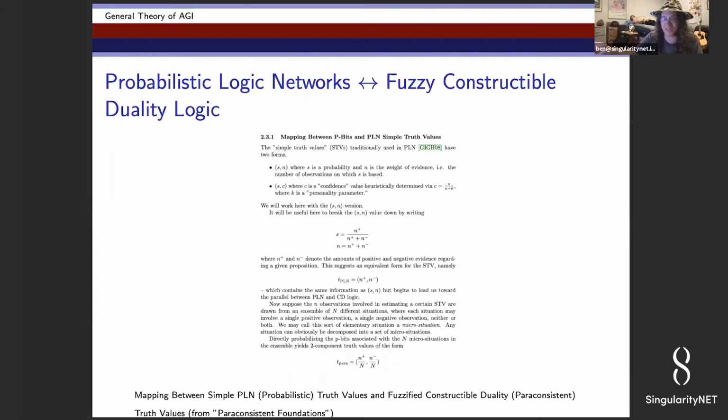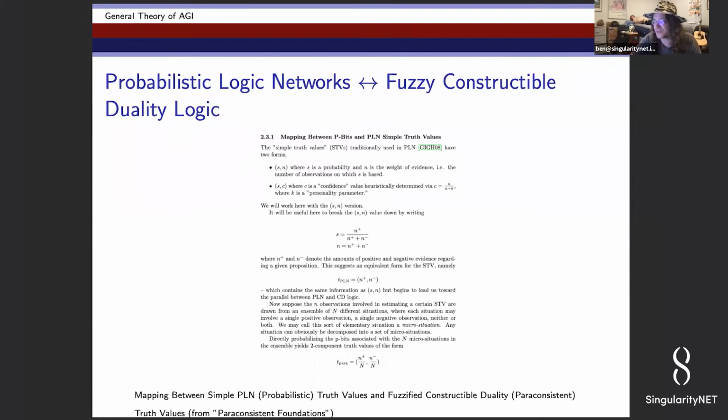These are called n plus and n minus in the slide here. And you normalize them by the number of total observations. So the strength, which is like a probability, is n plus, the number of positive observations, divided by n plus plus n minus, the number of positive plus the number of negative observations. And that gives you a probability. Then the sum, n plus plus n minus, is the count, which is like a measure of the weight of evidence behind that probability. If the count is bigger, then that probability is in a way more certain. There should be a smaller confidence interval around it.